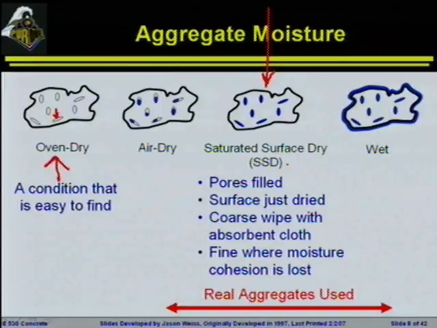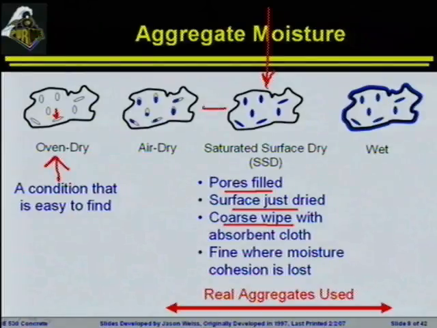The aggregate doesn't want to suck up water. The aggregate doesn't want to give off water. The pores are filled, so it is saturated. The surface is dry, saturated surface dry. The coarse aggregate we're going to wipe off with an absorbent cloth. Fine aggregates we're going to detect when they start to lose cohesion between each other. But the basic idea is we have an aggregate that's happy and in equilibrium.